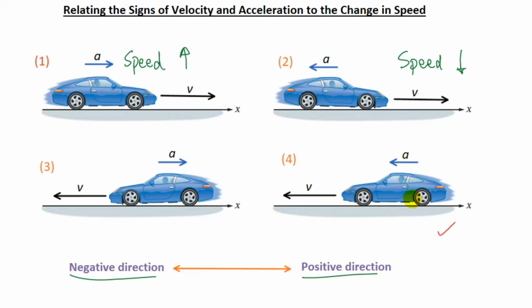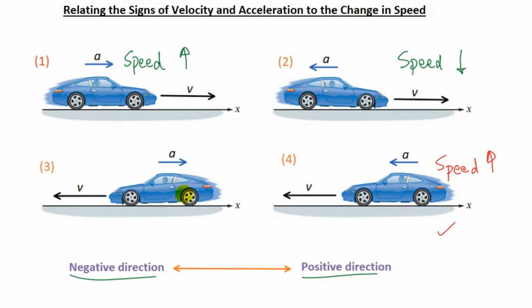So if the direction is the same, the speed should increase. You might have confusion that the velocity is decreasing because it's in a negative direction. That's true. But if you see the magnitude of velocity, which we call speed, this magnitude will be increasing. So that is why the speed is increasing in the fourth case.